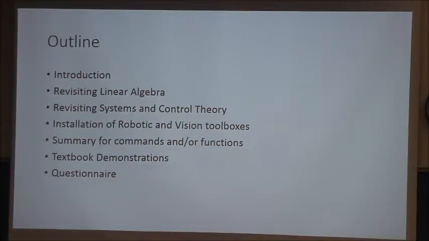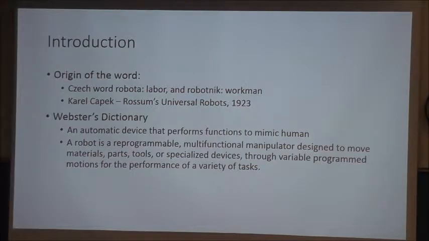The origin is in the Czech language, robota, which means labor, forced labor. From robotnik, the robot is a workman. Karel Čapek, a Czech playwright, put this word, robot, in his play Rossum's Universal Robots, in 1923.